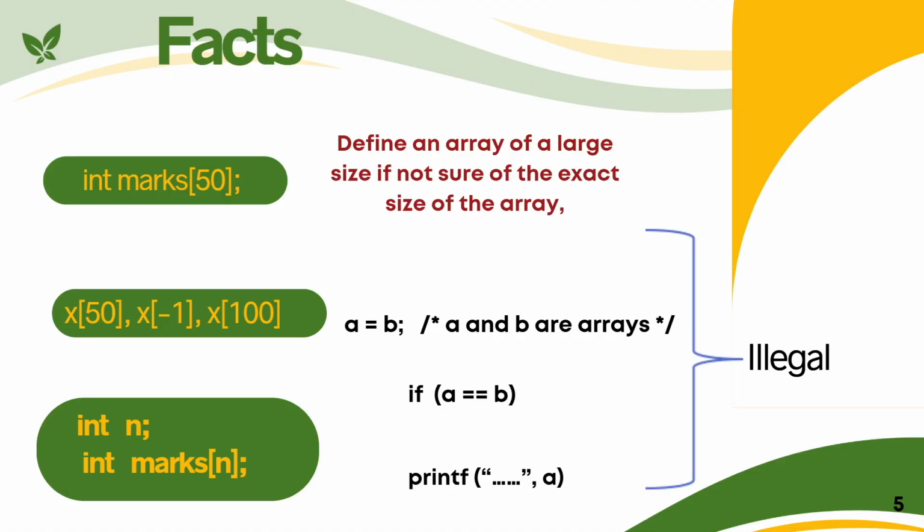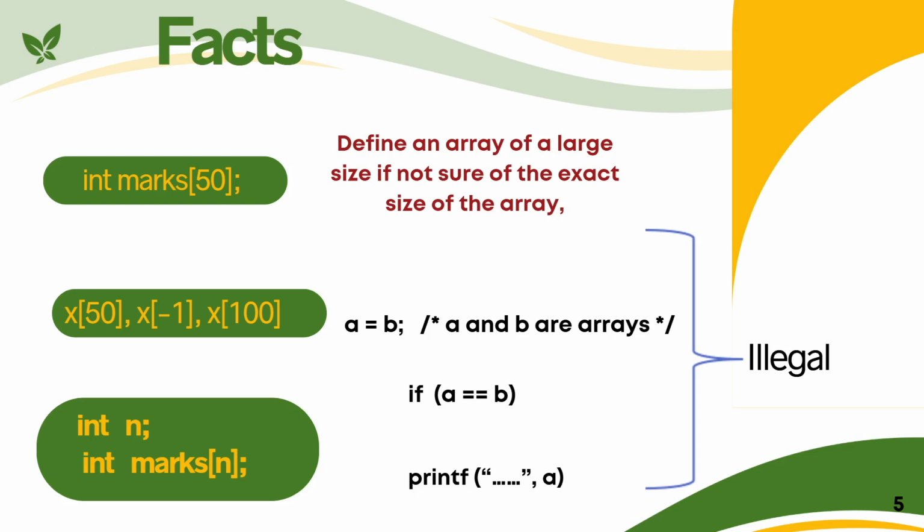In the second and the following examples, I have given you some of the things which are illegal with respect to the usage of arrays. In the first, x[50] is illegal just because I have defined an array of size 50, which means the indices will span from 0 to 49.